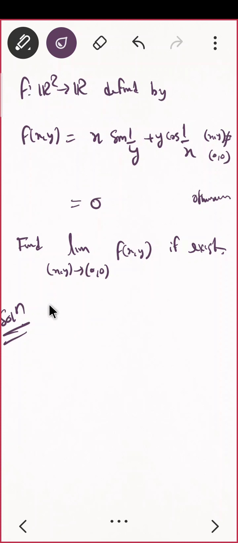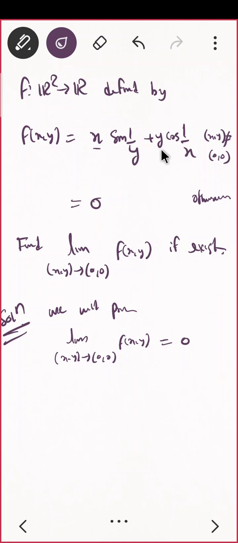That means I should try to prove it. So I'll write, will prove this: limit of (x, y) going to (0, 0) of f(x, y) is equal to 0. This is what I want to prove, because I just saw this is less than or equal to 1 and this is also less than or equal to 1.